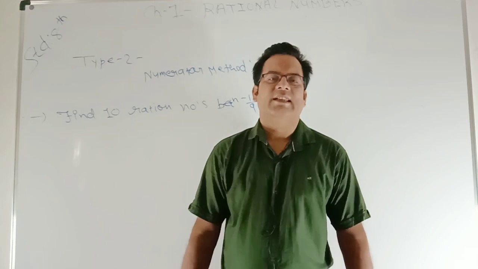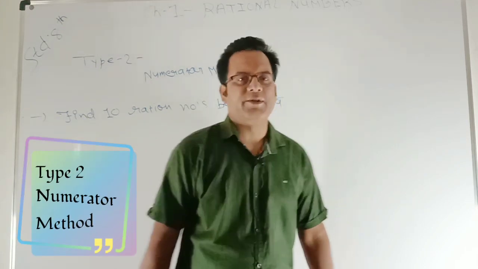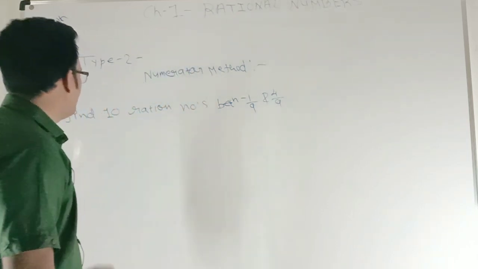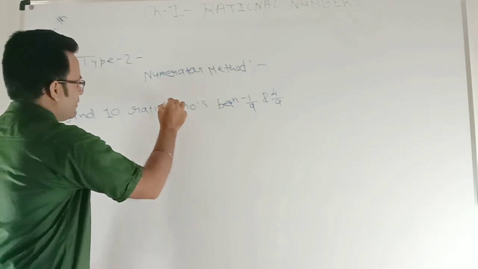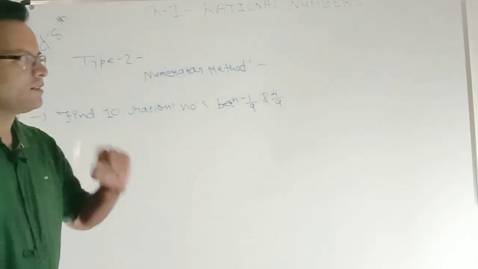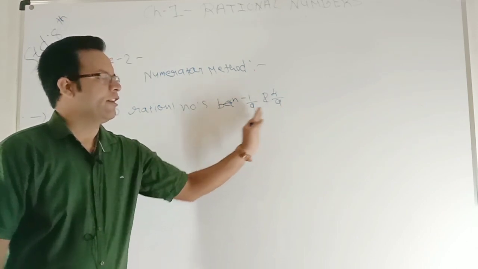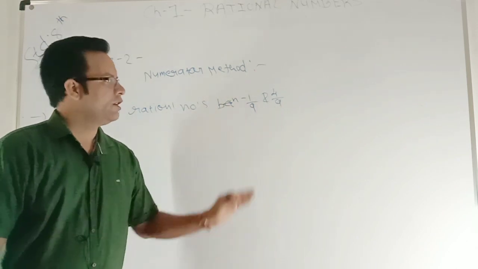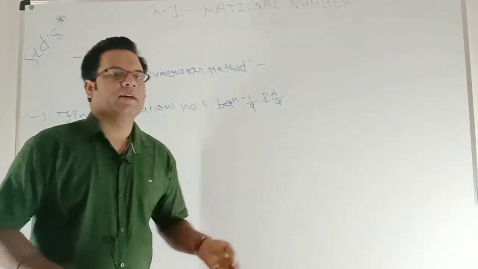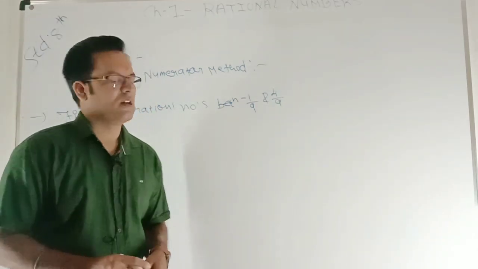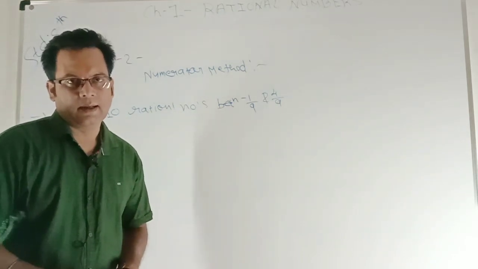And now type 2, that is numerator method. Now look at the question. Here you have to find 10 rational numbers between -1/9 and 4/9. You can see the denominators are same. So here you cannot apply denominator method. You have to apply numerator method. Now we want here 10 rational numbers, right?